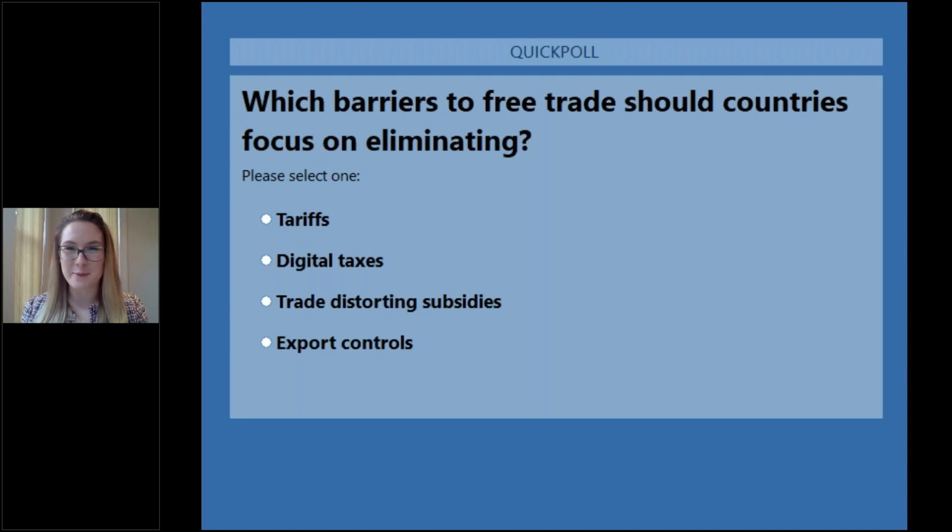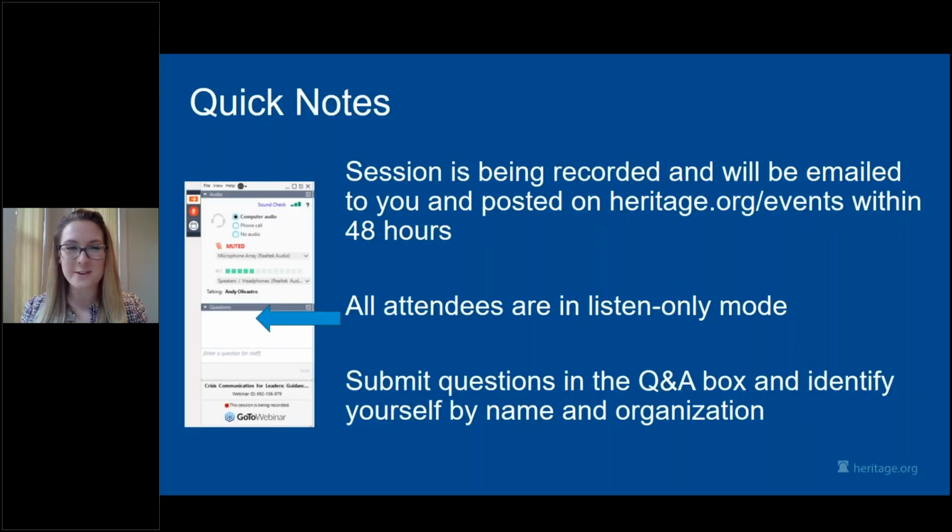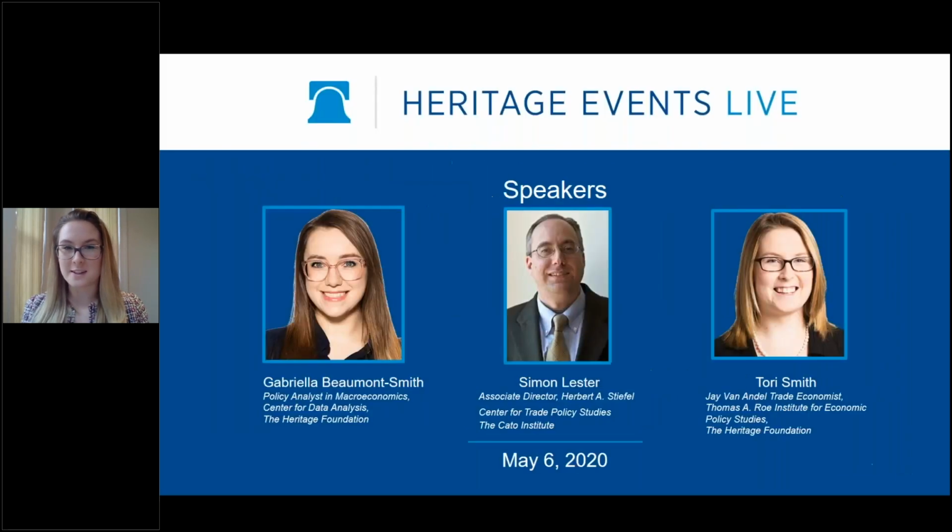It's a hard choice, but make sure you pick one. Thank you all so much for participating in the poll. We'll show the results towards the end of the webinar. And now I would like to invite my panelists to join us on screen.